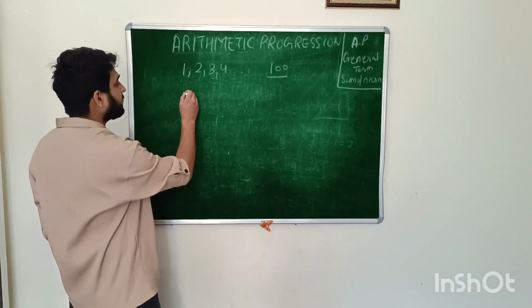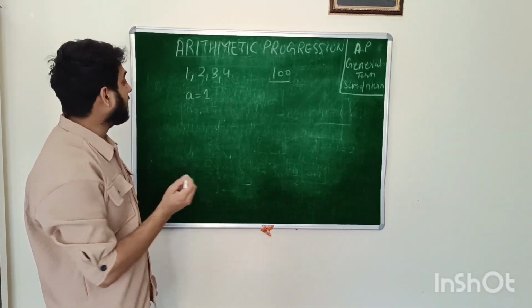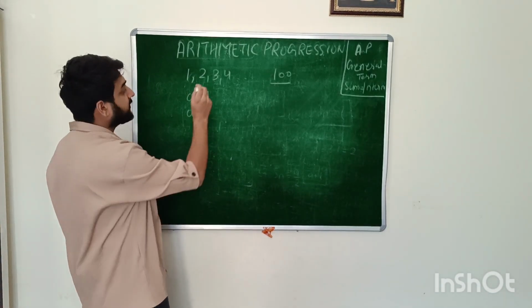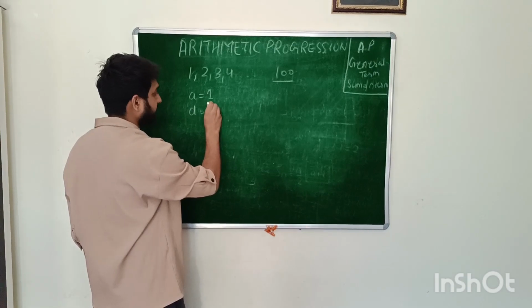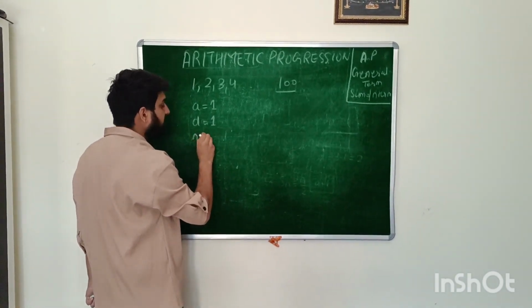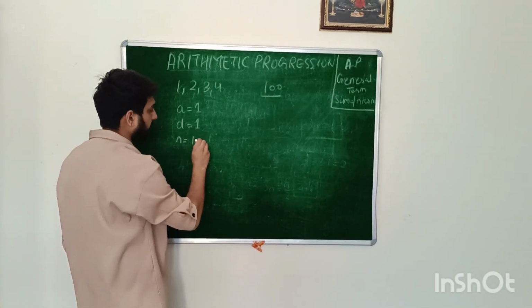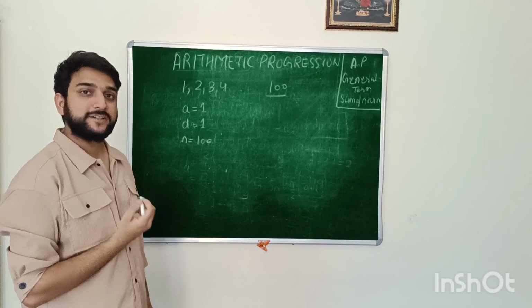Now we are going to solve this example to find the sum of 100 terms. Here we know our first term is 1, right? And the common difference is 2 minus 1 is 1, 3 minus 2 is 1. So our common difference is also 1 here. And n is the number of terms. We have 100 terms here. Now we are going to find the sum of these 100 terms.